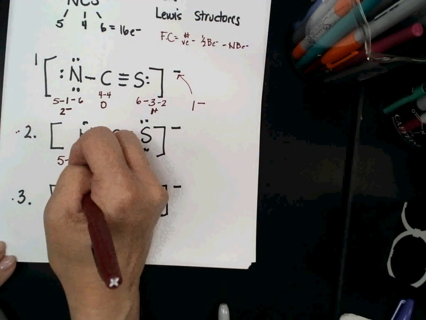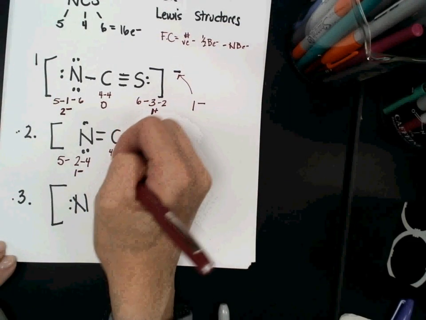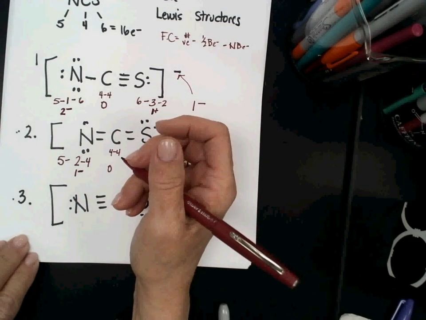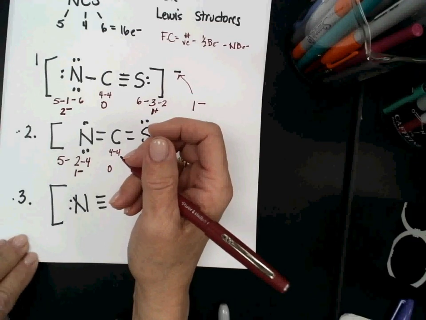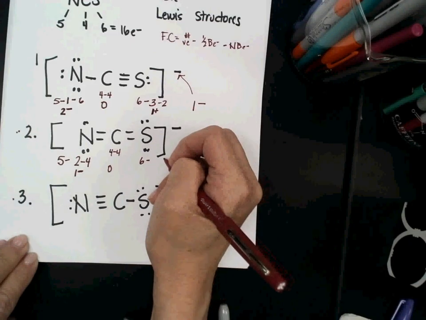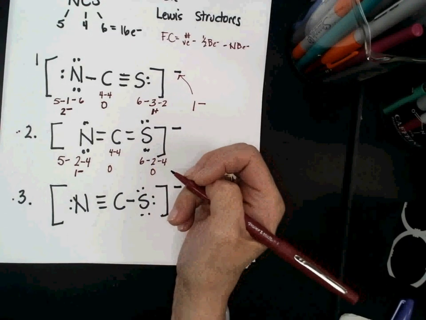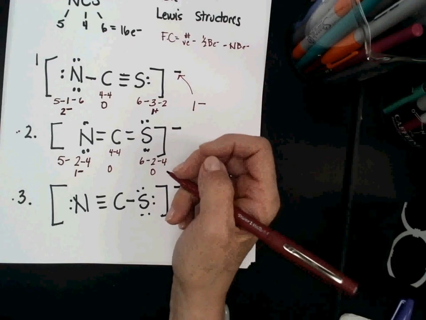So here, this is a 1 minus, yes? Carbon, again, is 4 minus 4, which is a 0. Sulfur is what? 6 minus 2 minus 4, which is a 0. Yeah, so is it 1 minus?